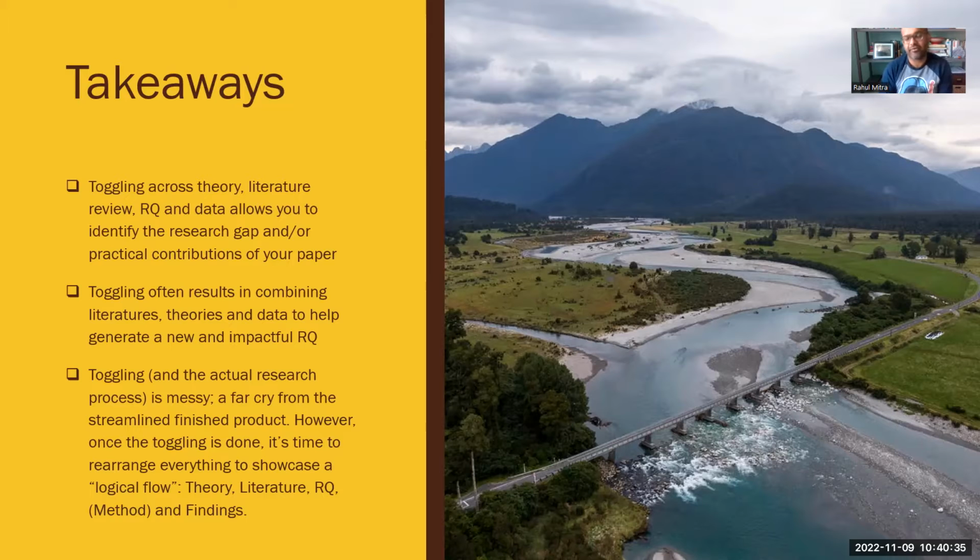It is a far cry from the streamlined finished product. However, once the toggling is done, it is time to rearrange everything to showcase a so-called logical flow, that includes theory, literature, research question, the method section, of course, and the findings.